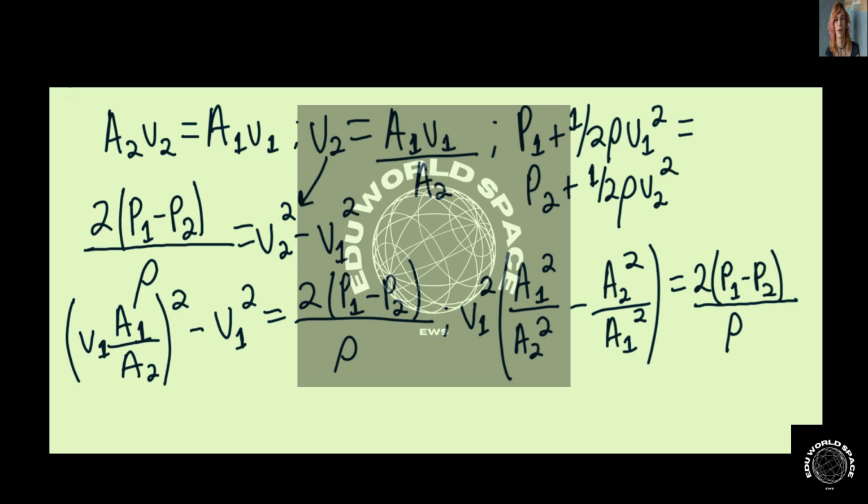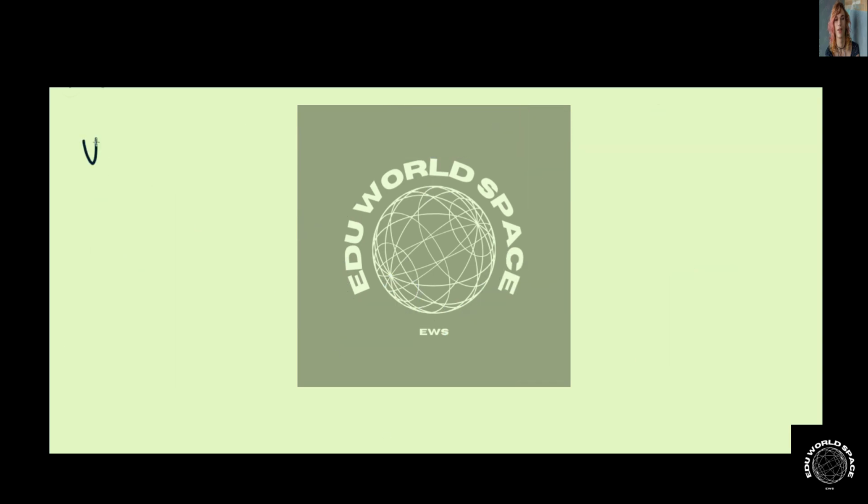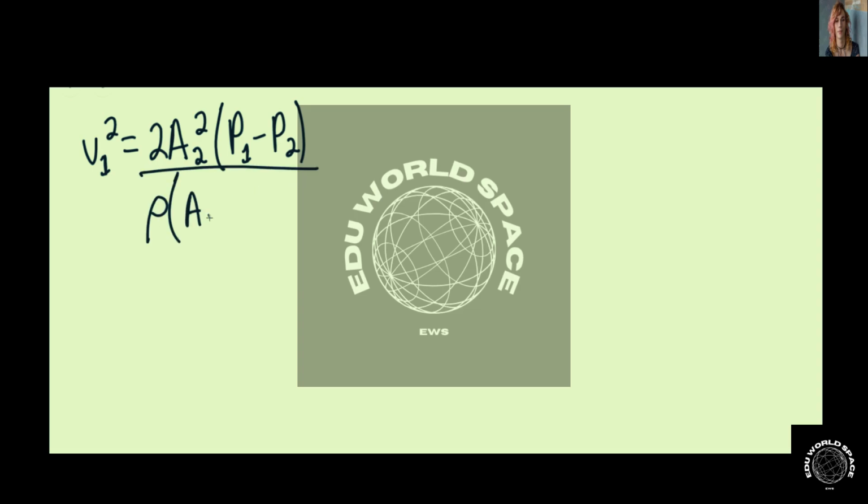And so we can say that V sub 1 squared is going to be equal to 2 times A sub 2 squared times P sub 1 minus P sub 2, and this will be divided by the density times A sub 1 squared minus A sub 2 squared. So this is simple algebraic manipulation.